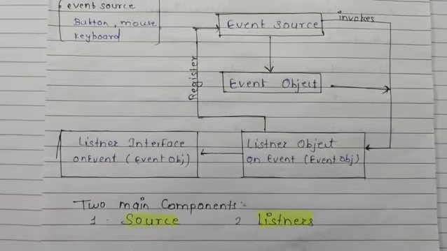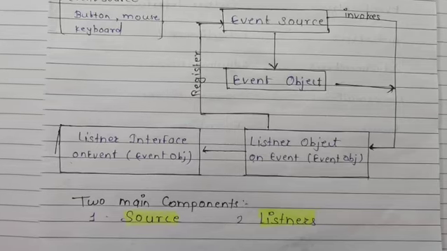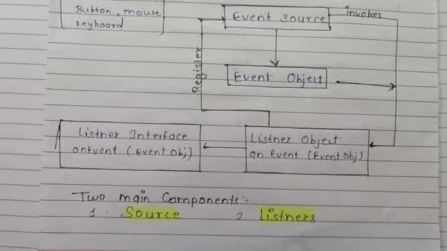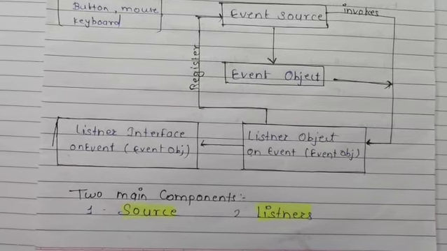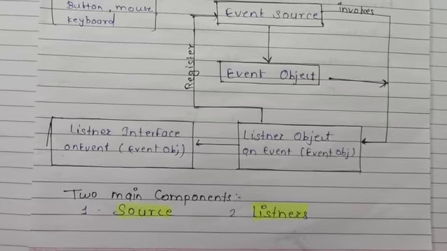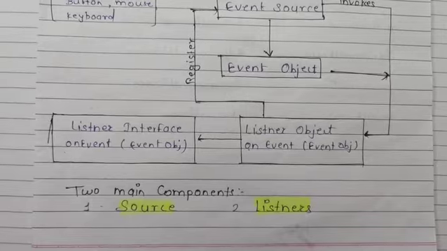Now there is the interesting and important part of the delegation model. Now we know the use of interface. An interface has abstract methods, and the listener object gives the implementation of those abstract methods. It gives the implementation as demanded by the event handling.